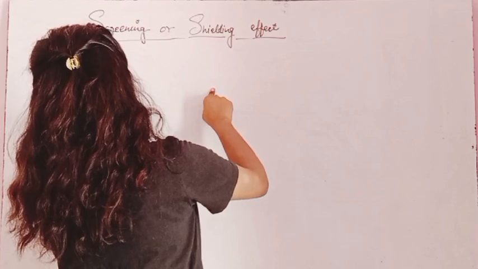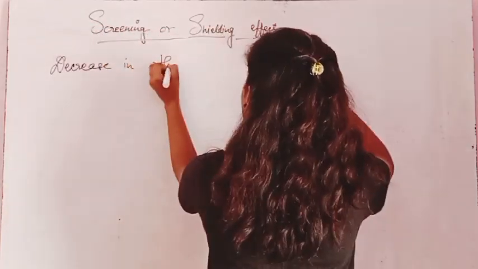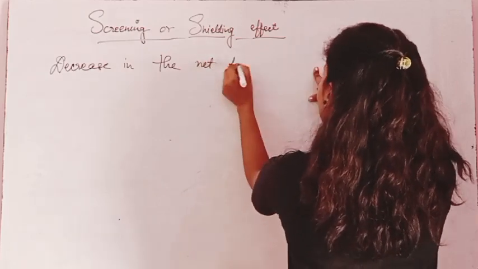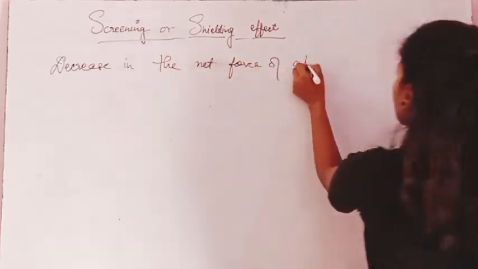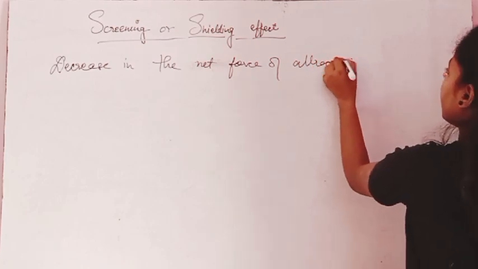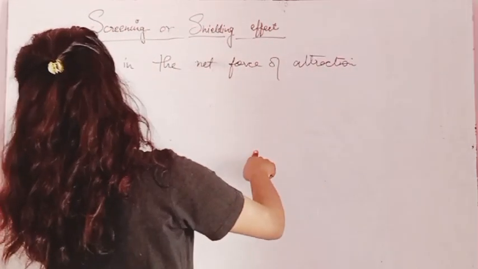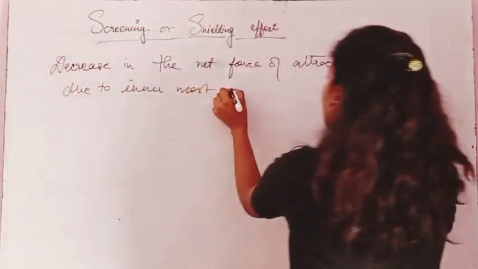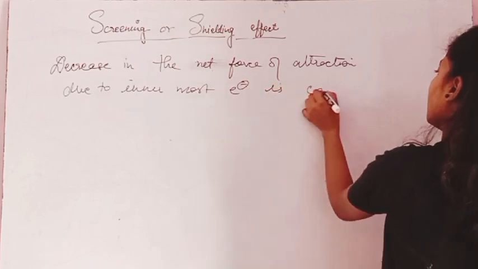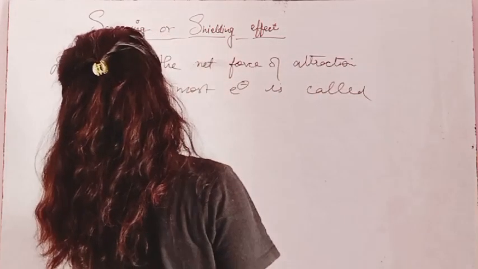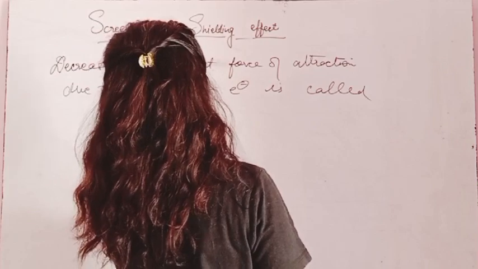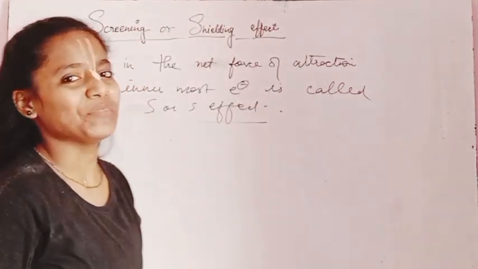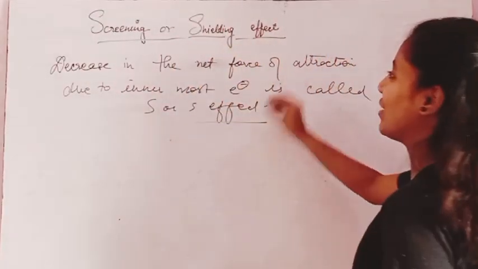See, decrease in the net force of attraction due to innermost electrons is called your screening or shielding effect. Hopefully clear, everyone. What is your shielding and screening effect?